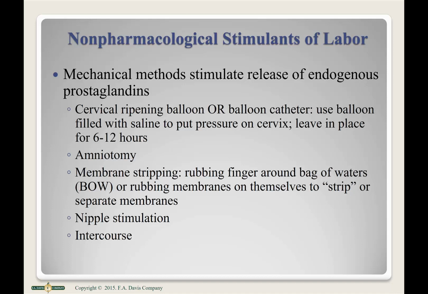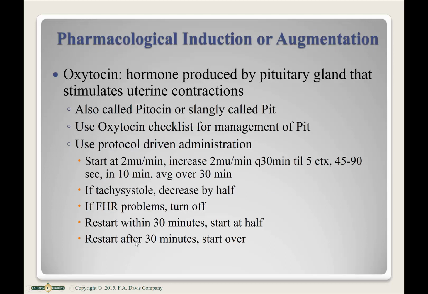Same thing here: it'll cause oxytocin secretion and maybe start contractions. Intercourse can also stimulate contractions. So those are the mechanical methods for induction or cervical ripening.